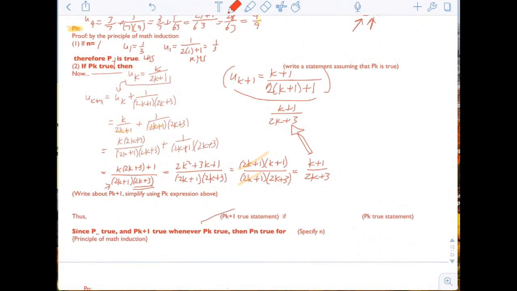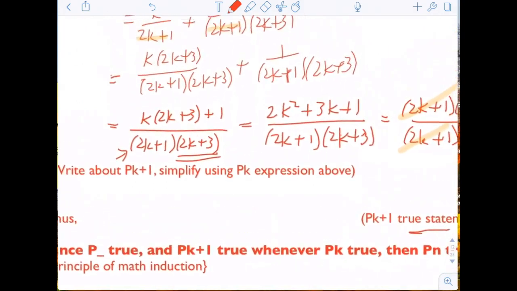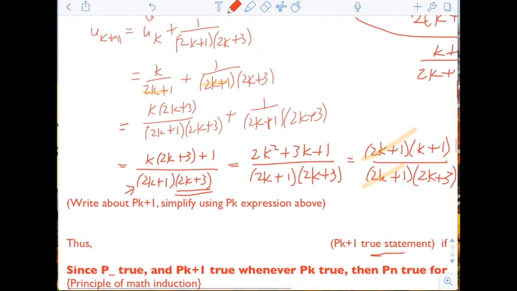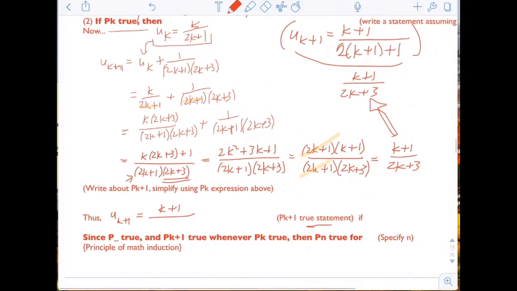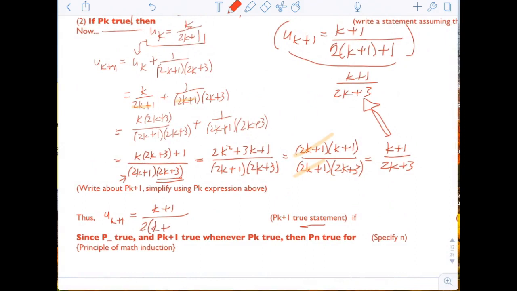Thus, here I'm going to put down that I did indeed prove that u of k plus 1 equals k plus 1 over 2 times k plus 1 plus 1, and it's true if I assume that u of k equals k divided by 2k plus 1.